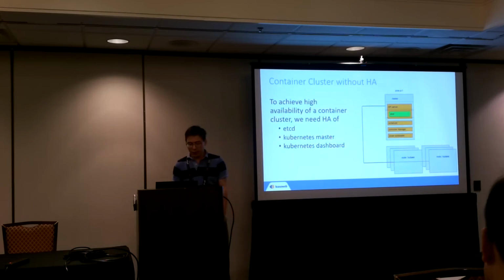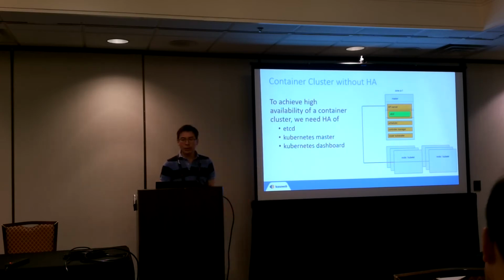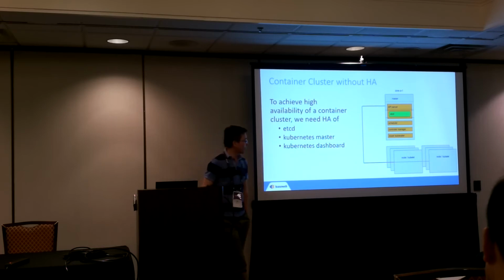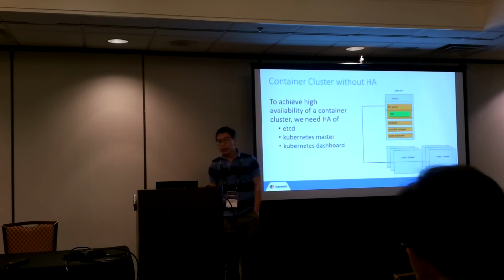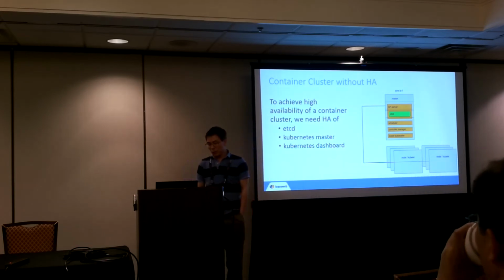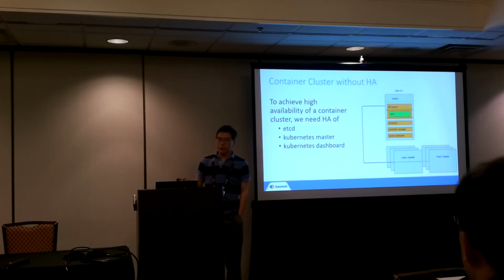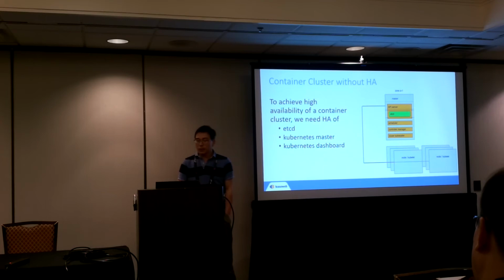In the default setup of the container cluster, it contains one Kubernetes master and several Kubernetes nodes. On the master, there is the API server running and the etcd process, which saves the state of the Kubernetes cluster and also the services.